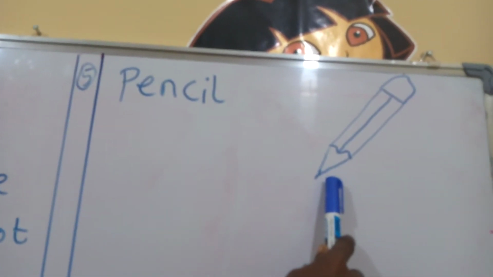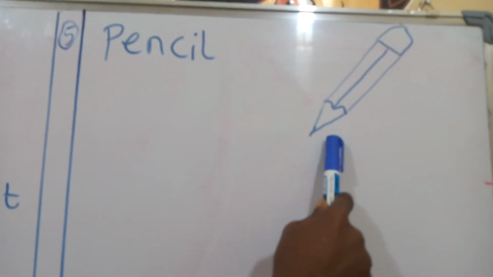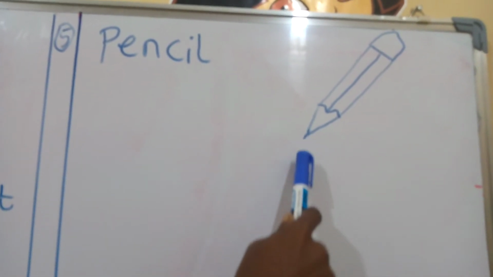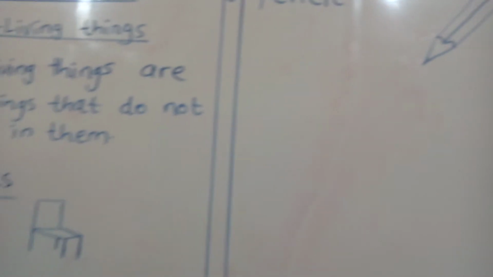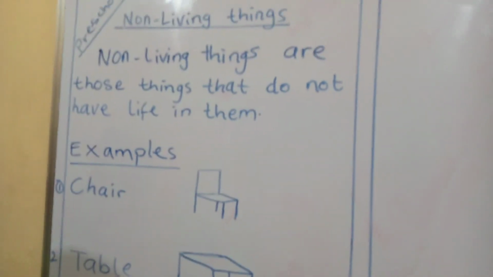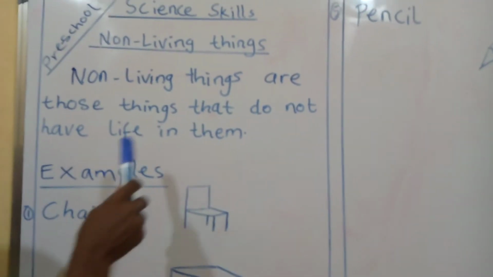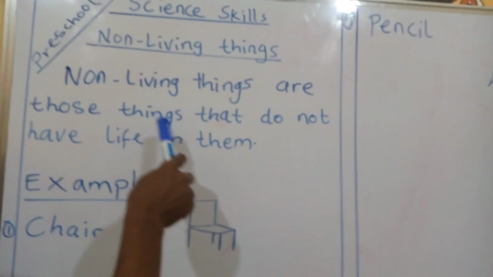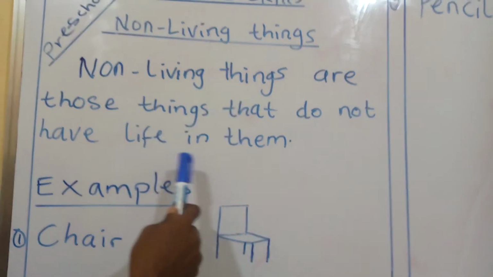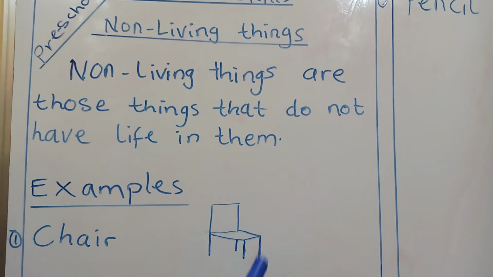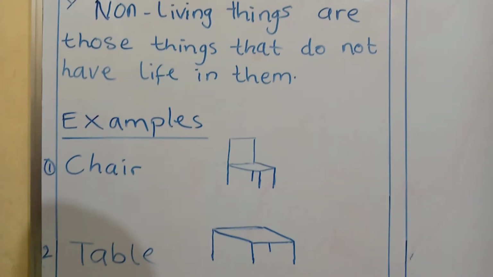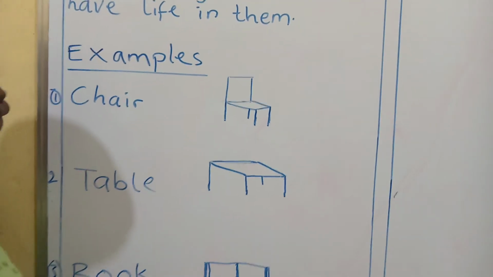It cannot talk, cannot move, cannot eat. So with this, I believe you understand that non-living things are those things that do not have life in them. You can as well list the examples for me while I give you homework.